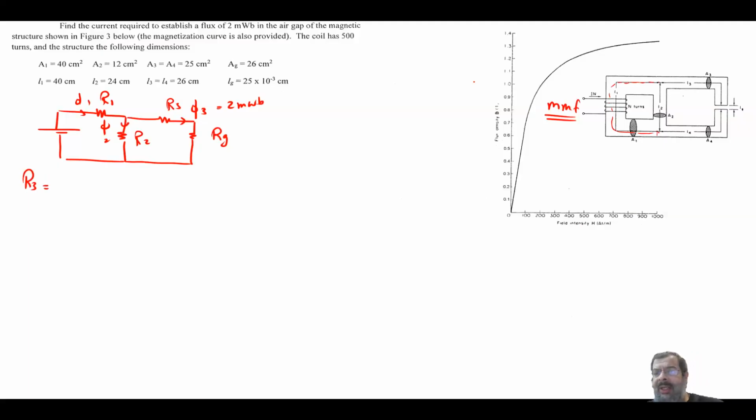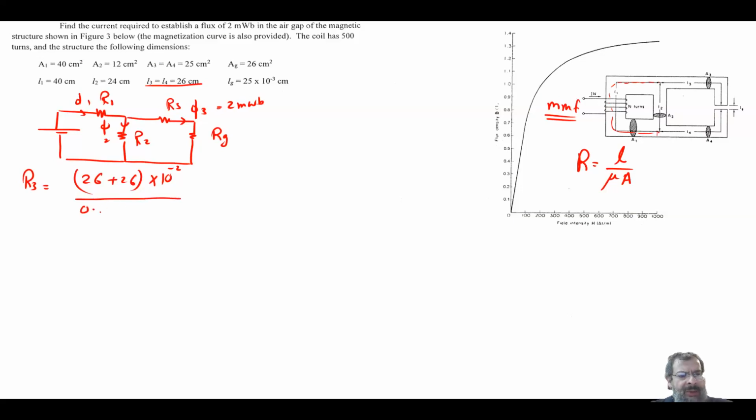The reluctance is equal to L over mu times A. Reluctance 3 is the path through L3 and L4, so it equals 26 plus 26 times 10 to the minus 2 meter, divided by the mu we just calculated, 0.0053, times the area, 25 times 10 to the minus 4. This gives me 39,045.3.